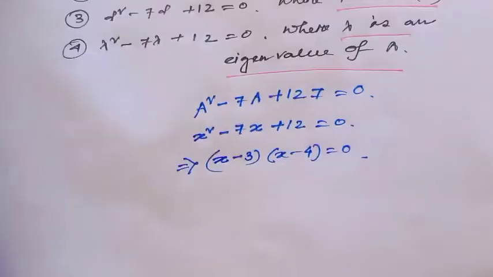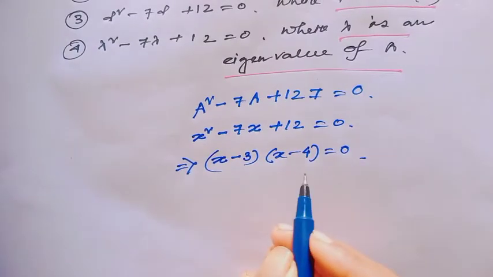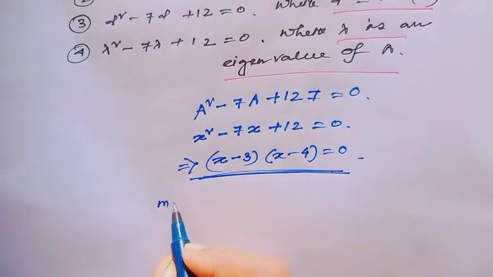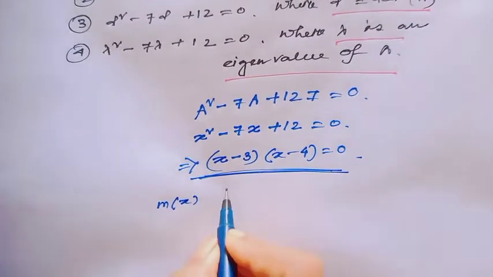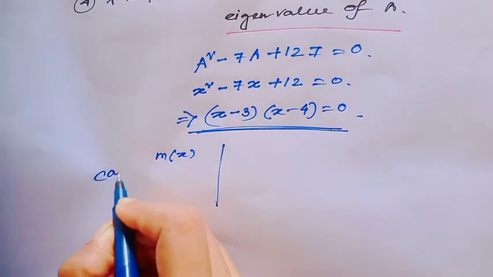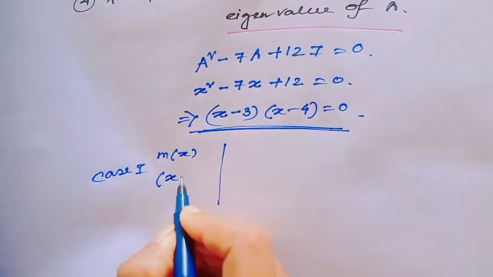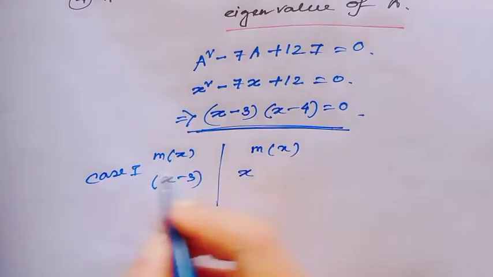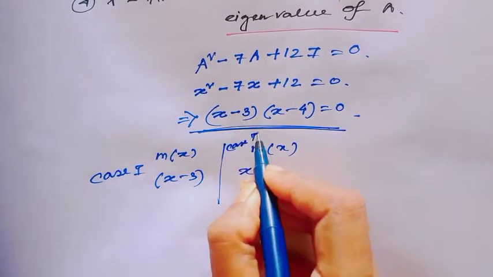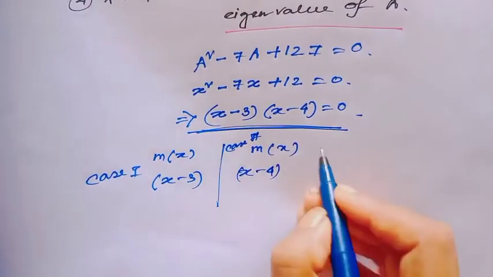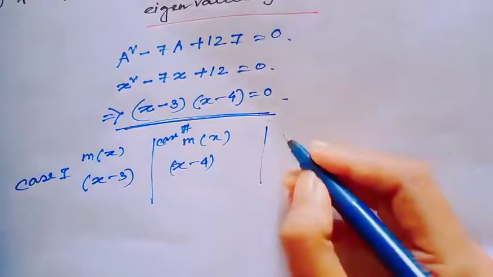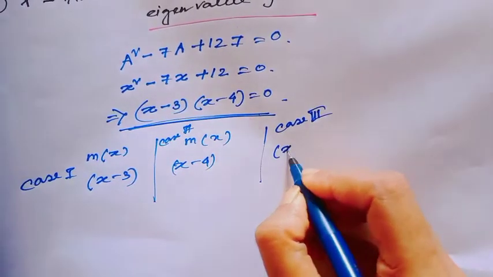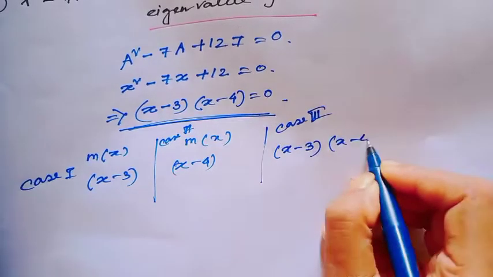So from this expression we can tell the minimal polynomial can be, case 1, only x minus 3, or case 2, x minus 4, or case 3, x minus 3 times x minus 4.